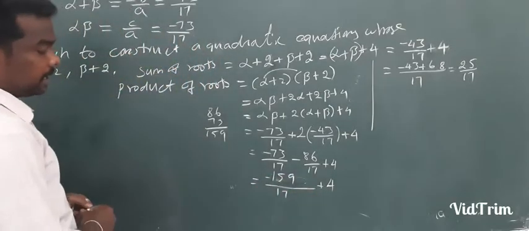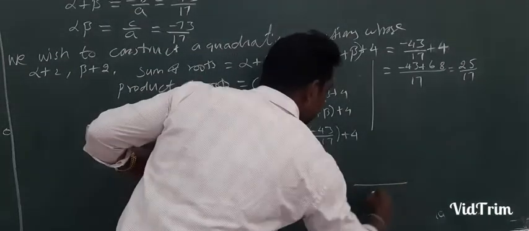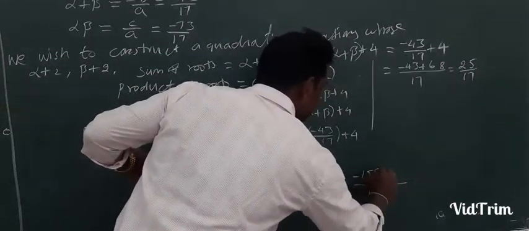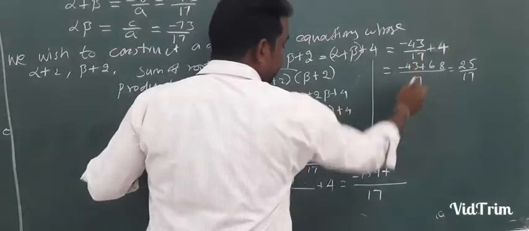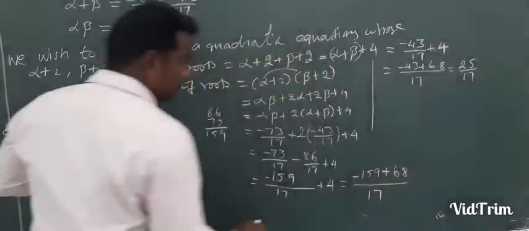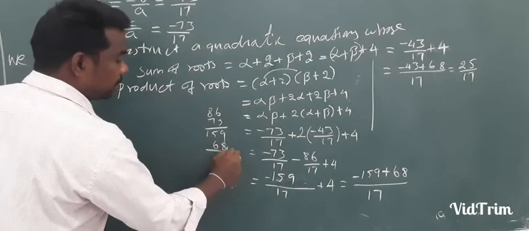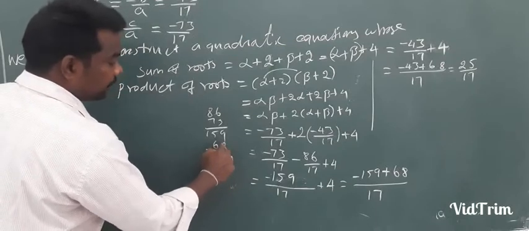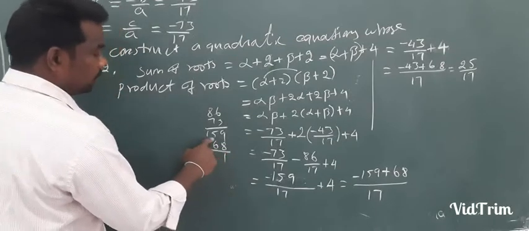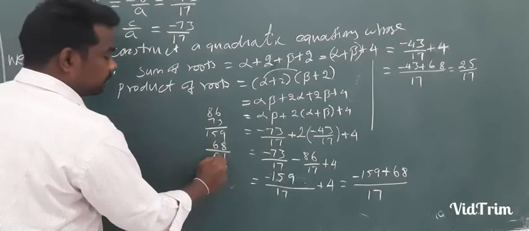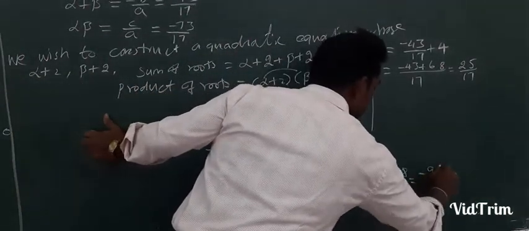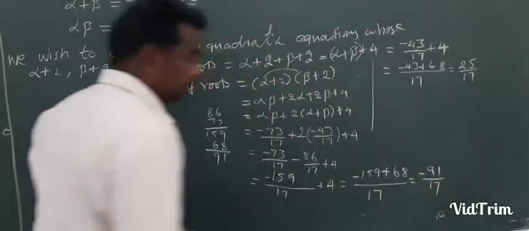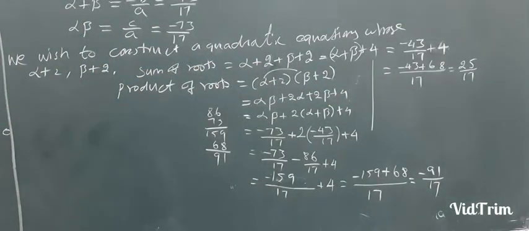Again you take the LCM, there is 17, minus 159 plus 4 into 17, that is 68. So 159 minus 68, the remainder is 91. So the answer is minus 91 by 17. I hope you understand. So we finished with the question.